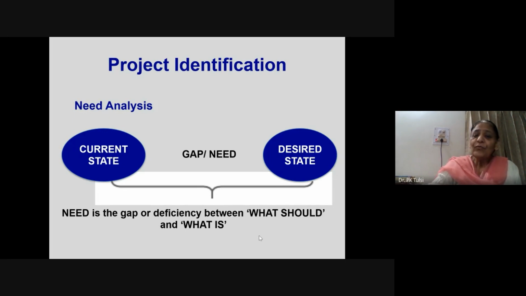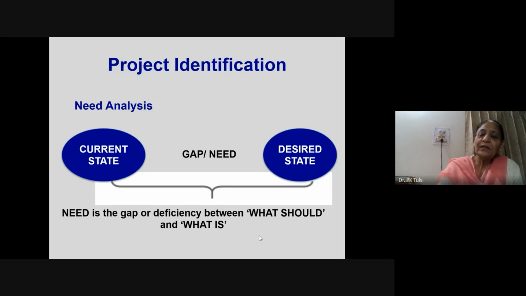So when it comes to industry, there are a number of parameters on which you can think of setting a benchmark which the industry would like to achieve. That is the desired state, a benchmark set up by the industry, and then there is the existing status.